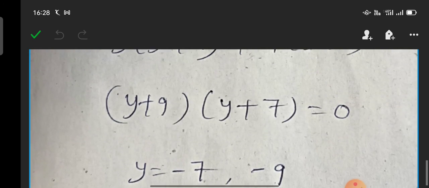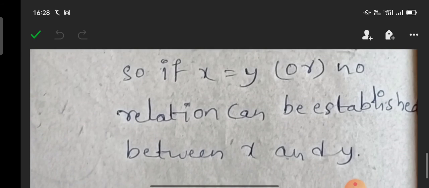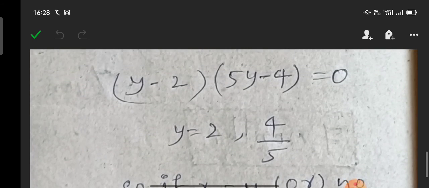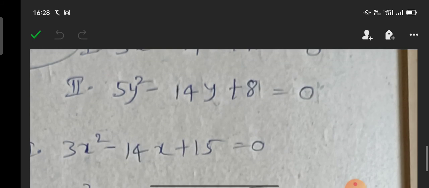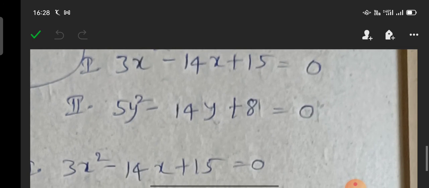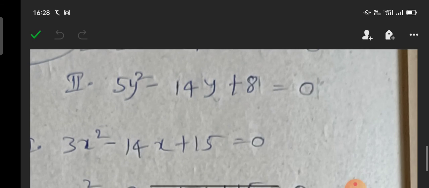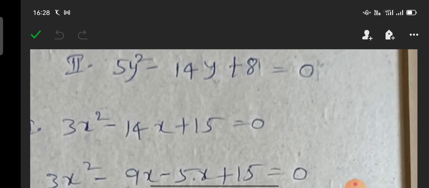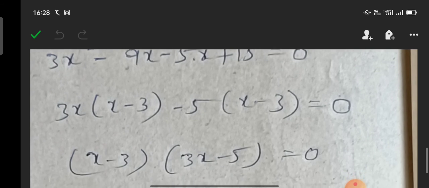So here x is greater than or equal to y. Coming back, the previous question is also the same. Here the 2 statements given are 3x square minus 14x plus 15 equals 0, and the second statement 5y square minus 14y plus 8 equals 0. So we have to solve by taking common factor.